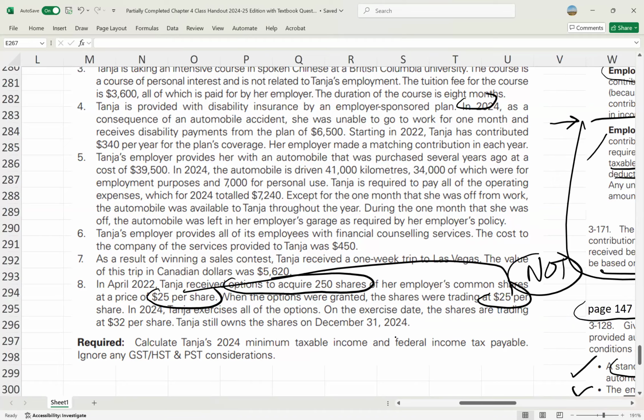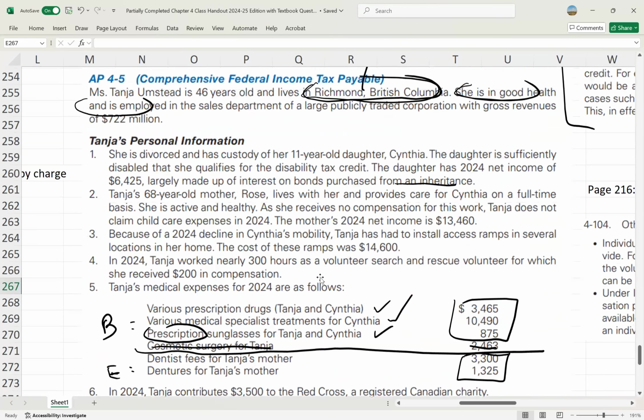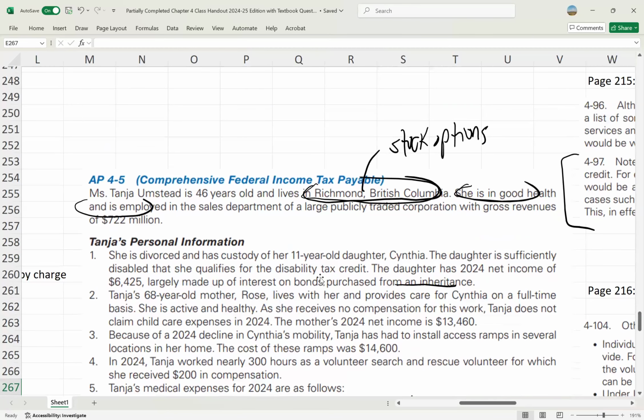And once again, why is that relevant? Because if you're not in the money, you do get that 50% stock option deduction. But the one thing that we said at the very beginning of this question was that this is a public company, and the gross revenues are 722 million.